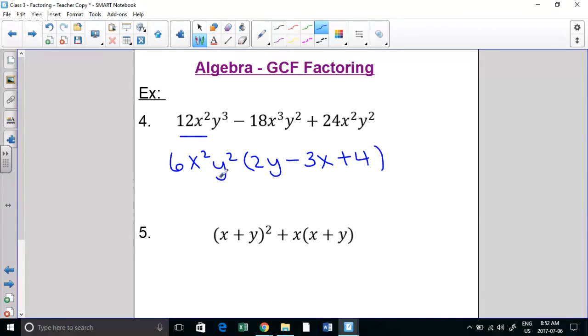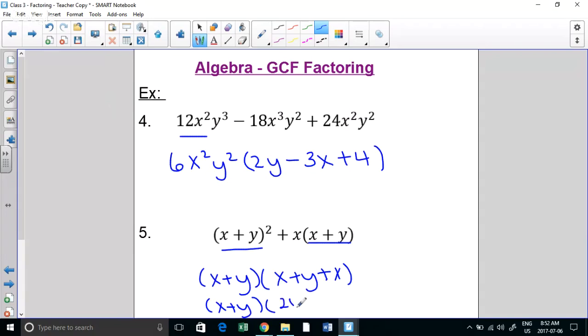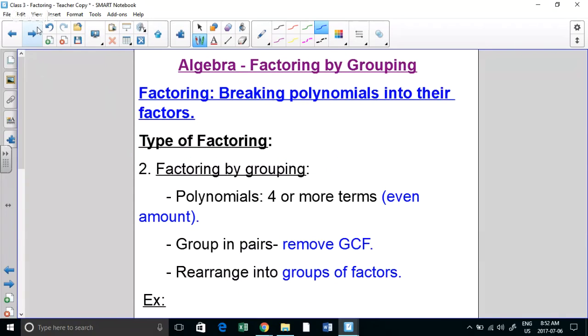So we're taking out the common factor from all the different terms in my polynomial. They're a little tricky. We have actually x plus y that gets taken out of both, and we have x plus y plus x left. And I have x plus y, 2x plus y. So always taking out what's common to all the different terms.